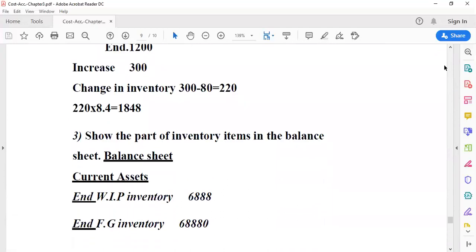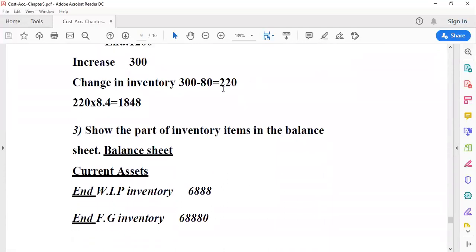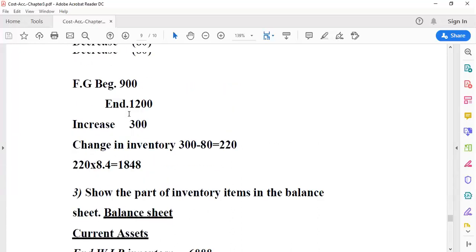So 220 should be multiplied by 8.4. If you multiply this, you will get the difference in the net income under the two theories. This is the second requirement. What about the third one? What about the last one?